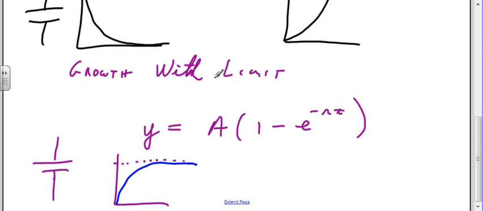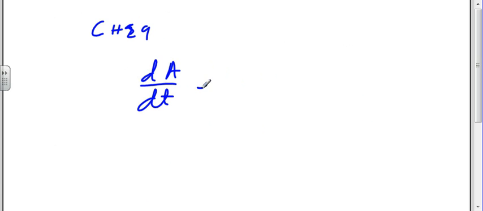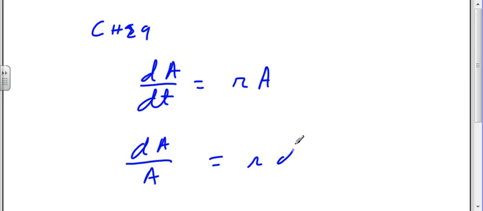Now, each of these formulas comes from chapter 29. I'm pretty sure it's chapter 29. Because if I have the change in my amount over the change in time equal to some rate times the original amount, and I separate variables, I have dA divided by A equal to r dt, and I integrate both sides of the equation.